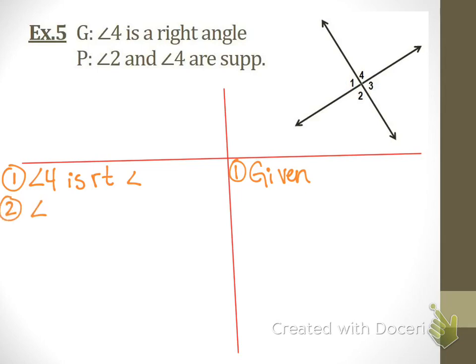There are several ways we could do this proof. Where was your mind going? My mind was going with the linear pairs. Okay. How do we know angles 2 and 4 are congruent? They are vertical angles.